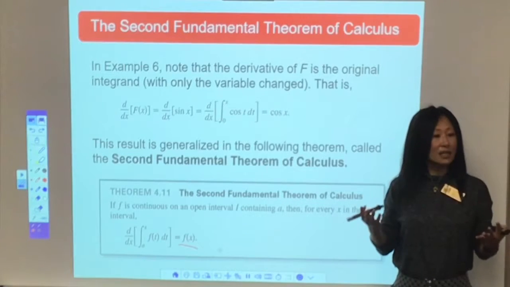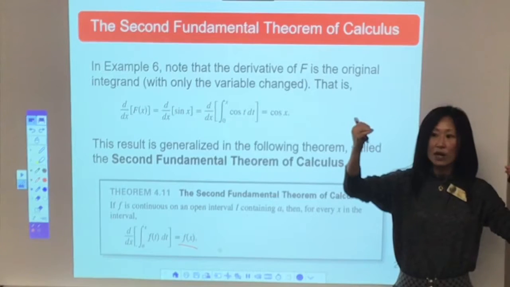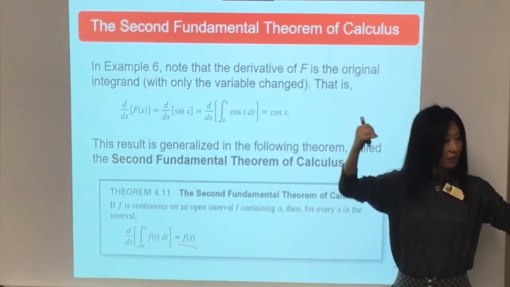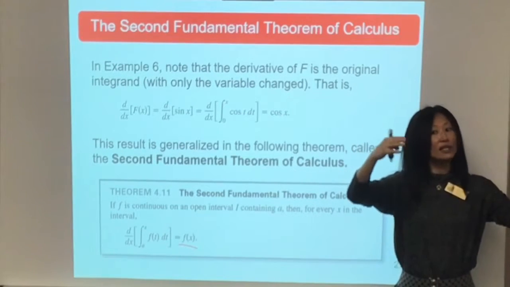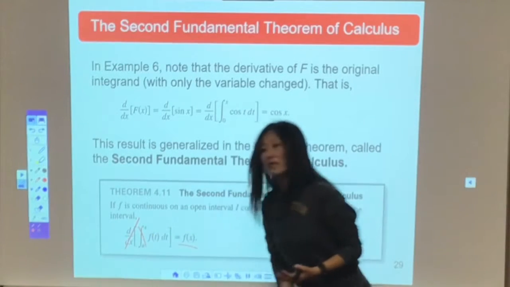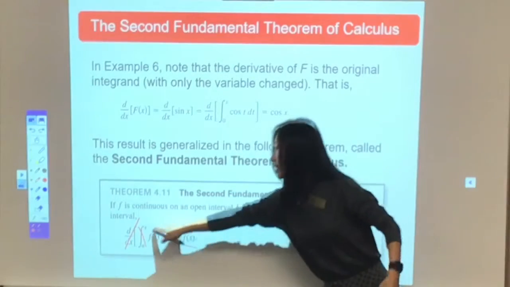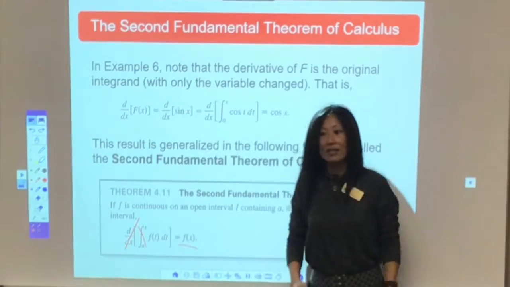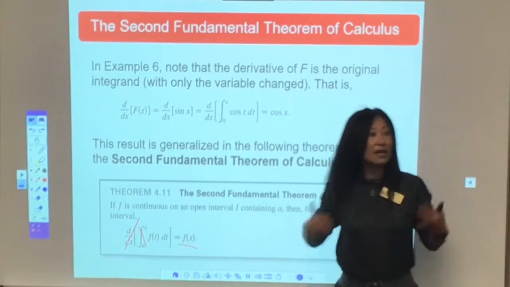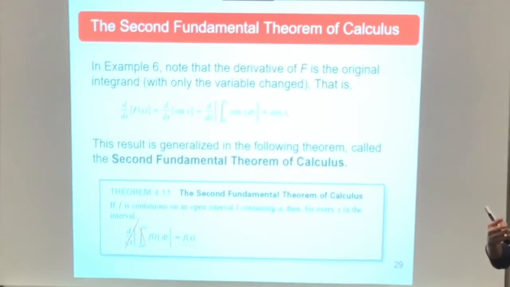Whenever I think about this, I think like this: derivative and integral, they're opposite, right? So I feel like they can cancel out. What are you left with? f of t, but you replace t with x, so then f of x. That's how I see it. Then it's easier for me to understand the second fundamental theorem of calculus.